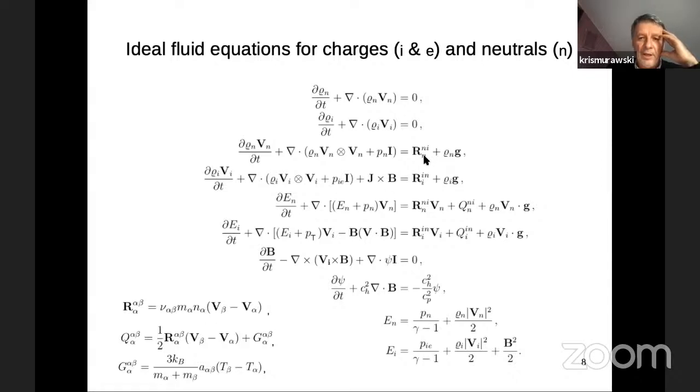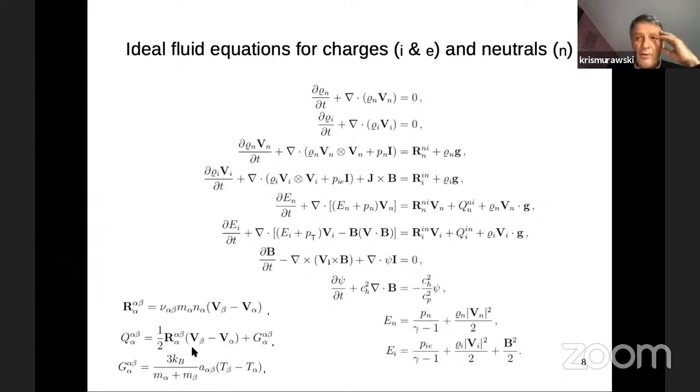So here we have some drag force associated with collisions between beta and alpha species. Alpha and beta are subscripts which run through I, E, and N. In the energy equations, which are written over here, we have terms like capital Q. The capital Q contains a term for heating associated with collisions.